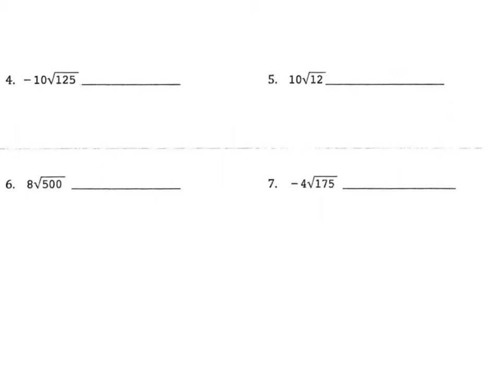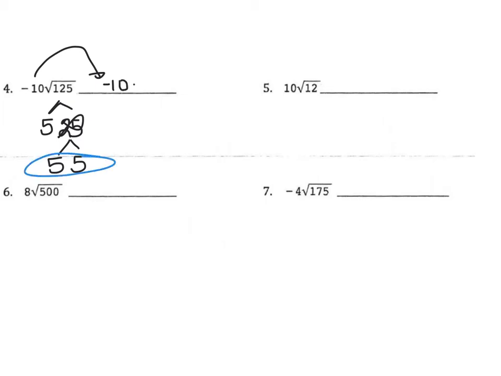So 125 we can factor into 5 times 25, and then 25 can factor into 5 times 5. Okay, now we have this -10 that needs to be on the outside. We have a pair of 5s that goes on the outside, and then we have a lovely single 5 that needs to stay on the inside.